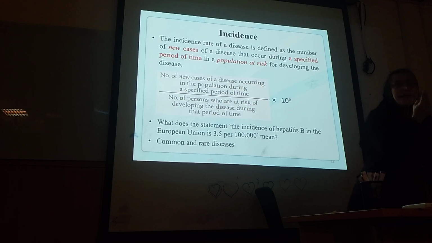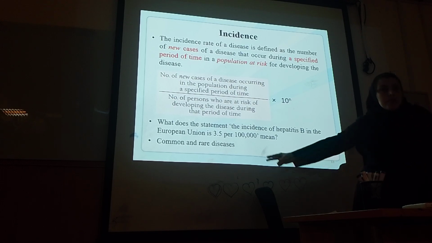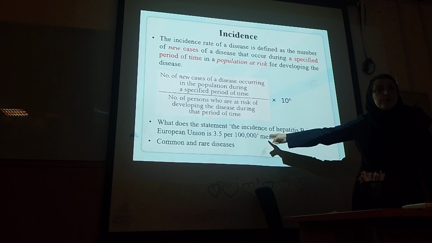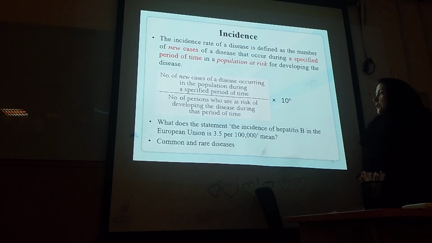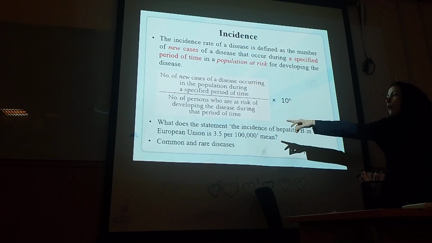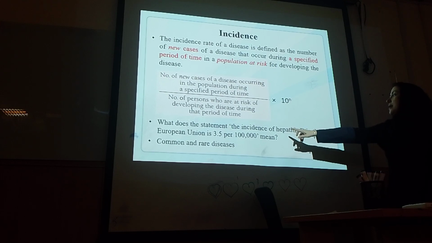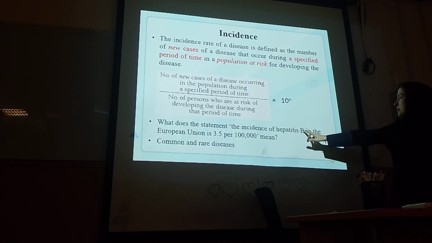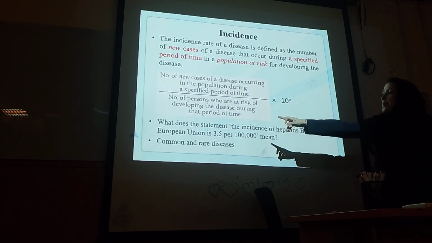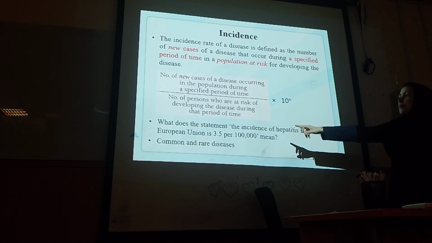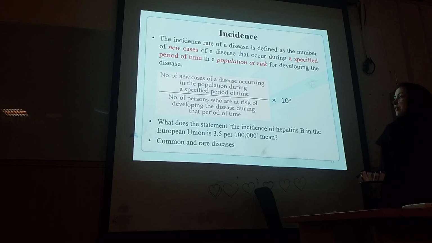If I ask you about the incidence, you should calculate the number of at-risk population in the denominator. Okay? What does the statement, the incidence of hepatitis B in the European Union is 3.5 per 100,000, mean?